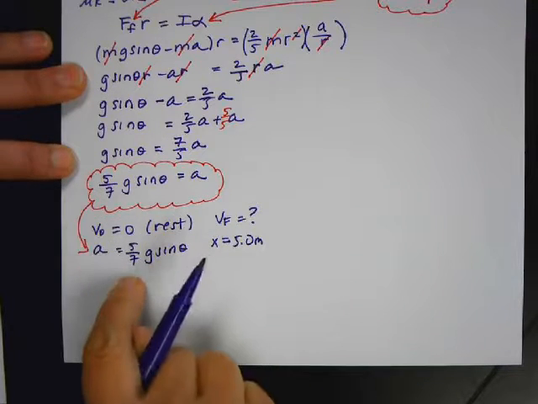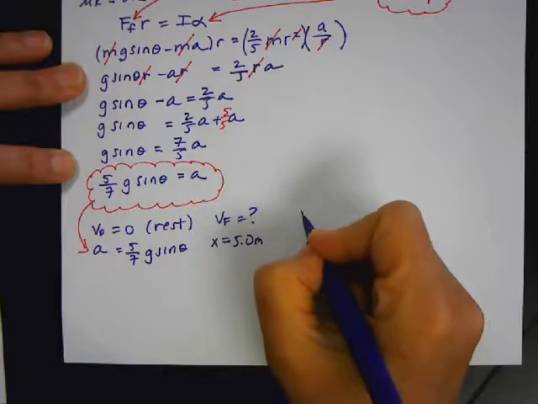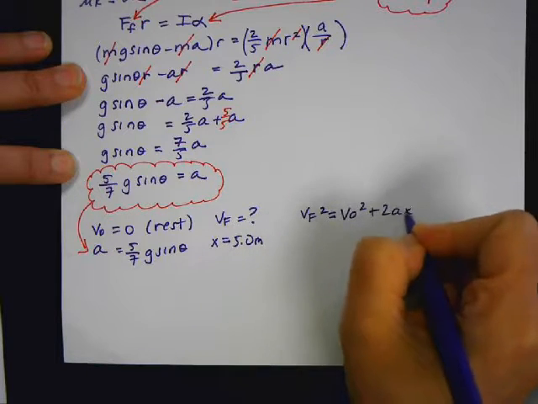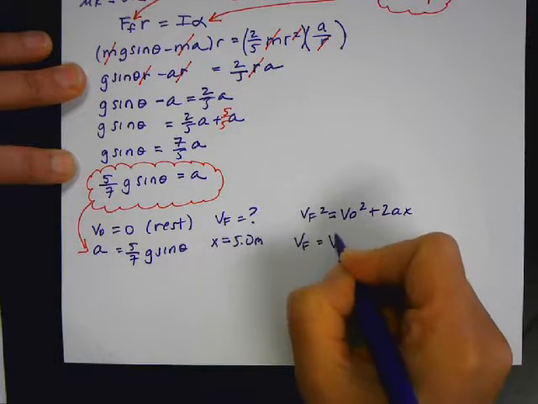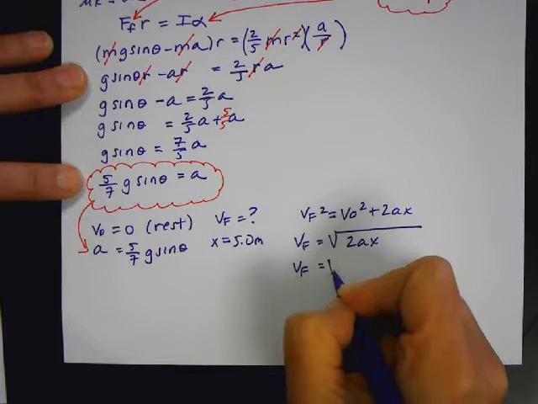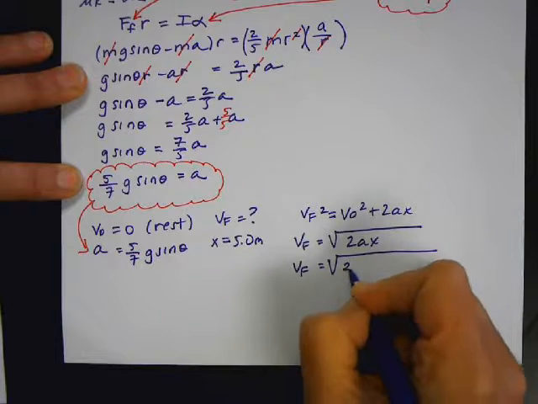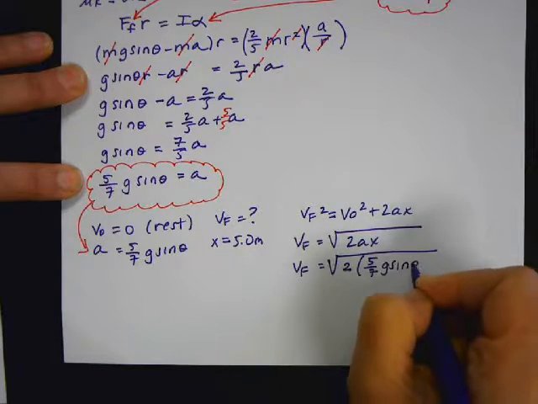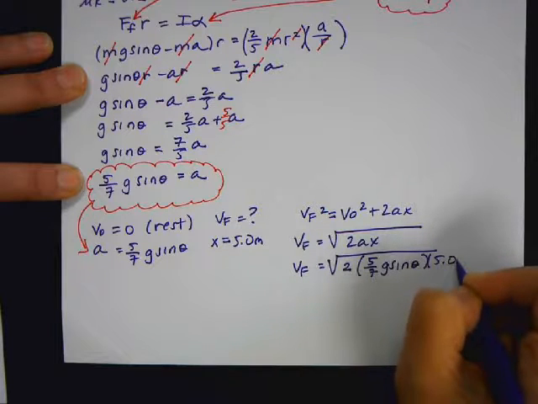So which equation has those four variables? So VF squared is equal to V naught squared plus 2AX. So VF is equal to the square root of 2AX. So VF is equal to the square root of 2 times 5/7 g sine of theta times 5 meters.